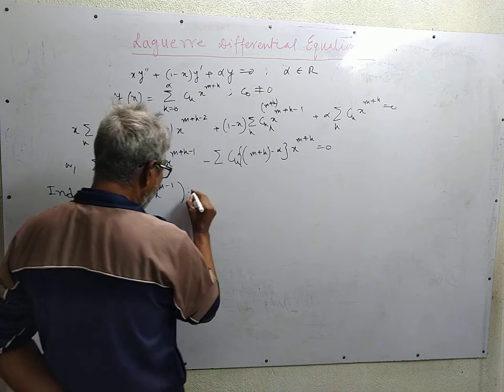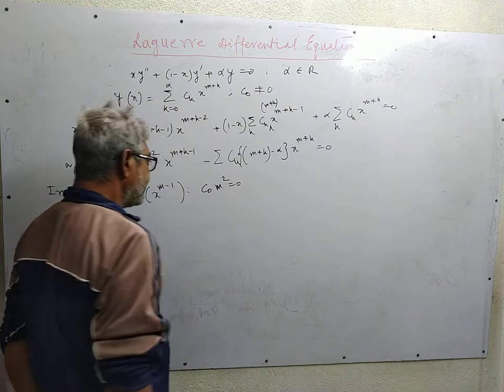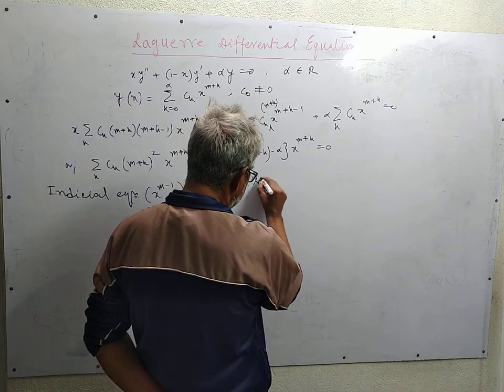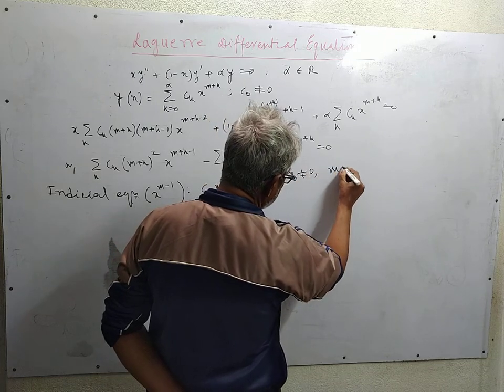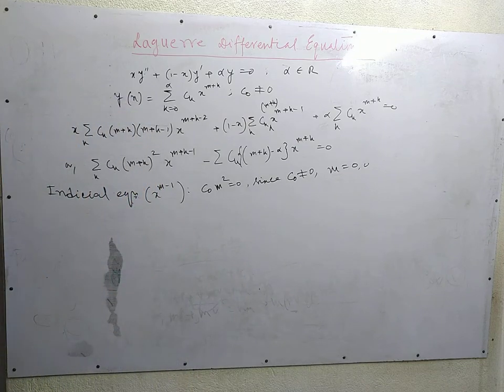So we get c0 m square is equal to 0. Since c0 is not 0, the solution is that m is a repeated root, and m equal to 0 and 0 are the repeated roots.